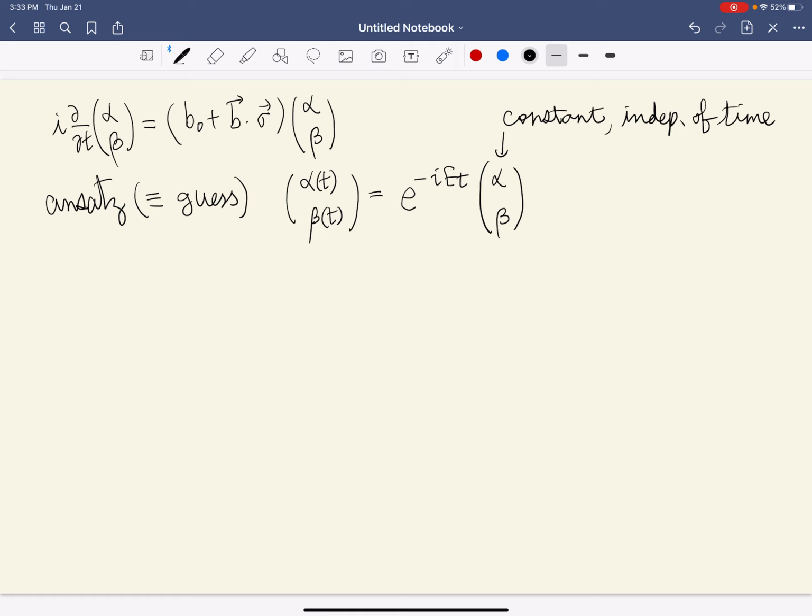How do I know that this is the way to get the right answer? Well, people perhaps in the 18th century developed various techniques for solving differential equations.